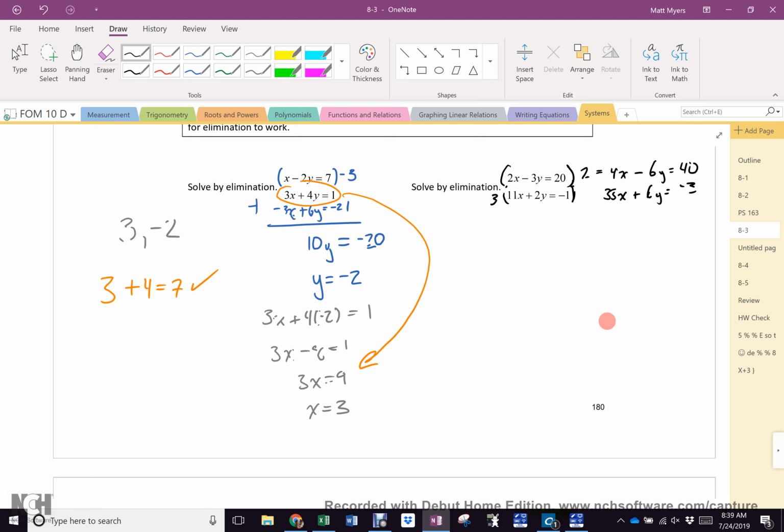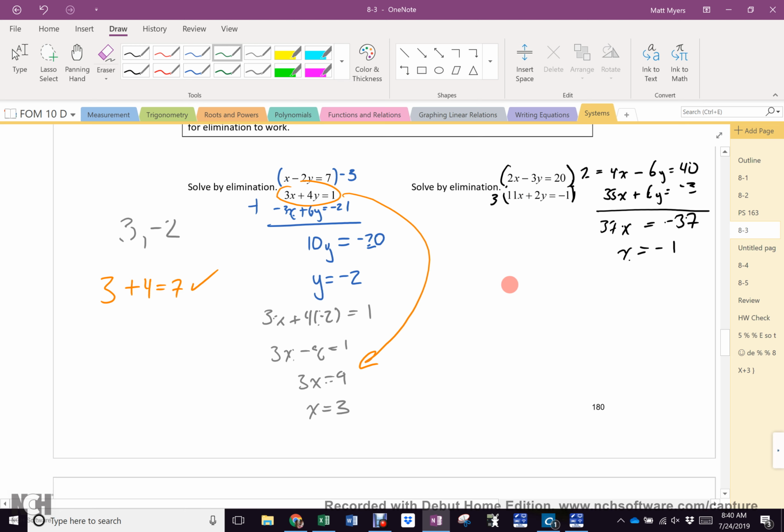Now, what was the added up to answer? What's 4 and 33? 37x equals negative 37, x equals negative 1. Now I take that and I plug it back in where? Anywhere I see an x. Should I use the top one or the bottom one?